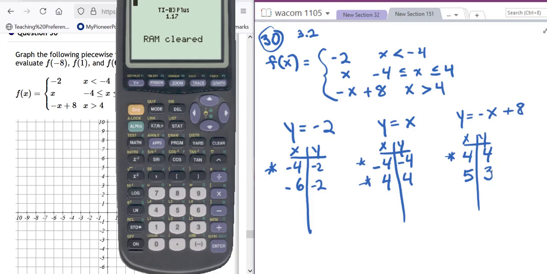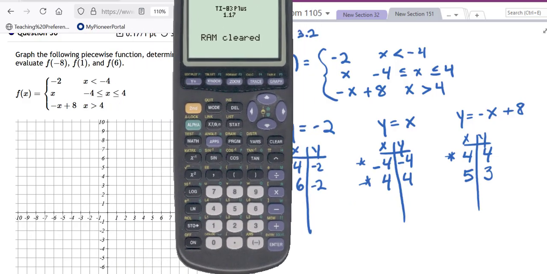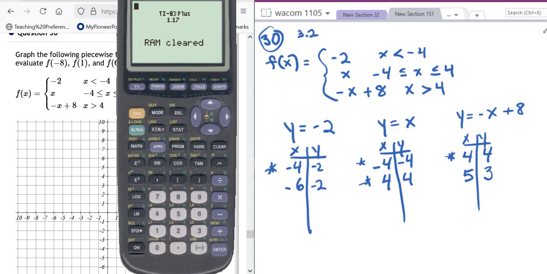I am going to try the calculator first. Let's see, I'll need to leave it on that screen so it won't mess up the other stuff. All right, so you go under y equals. And for our first one, we just want -2. That's what we're going to enter. Now, for your restriction, you are going to put divided by, and then in parentheses, our restriction is up here, x is less than -4.